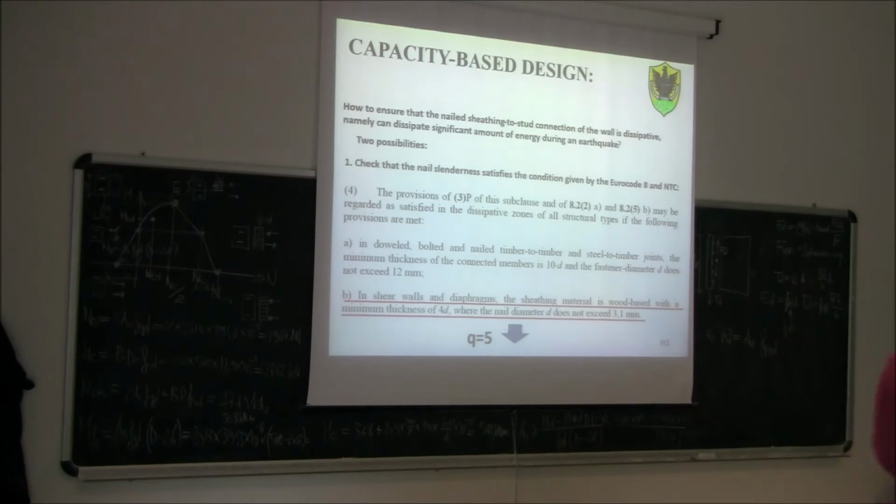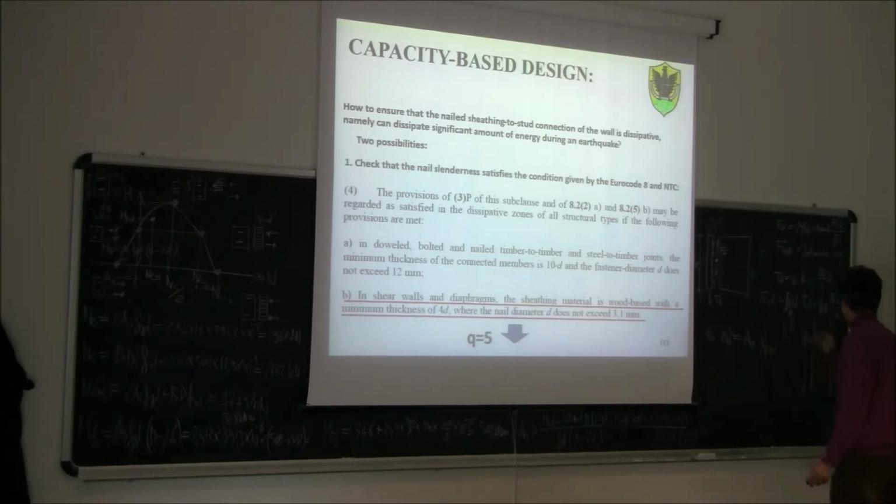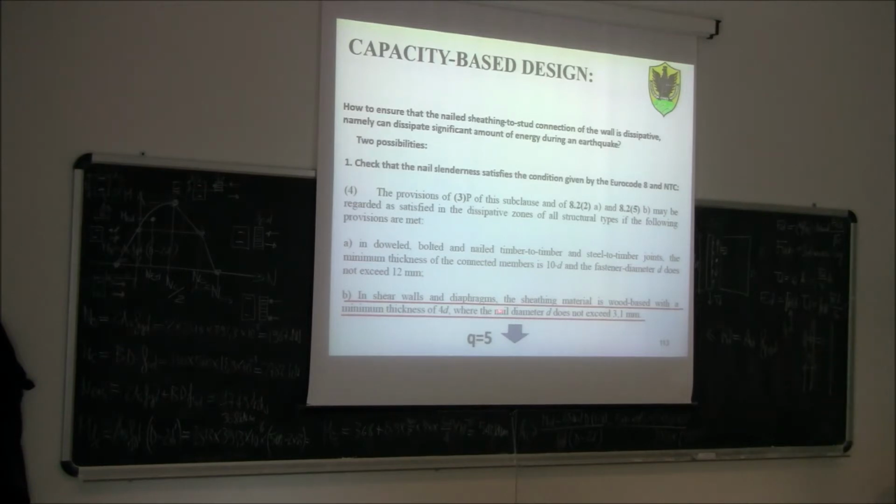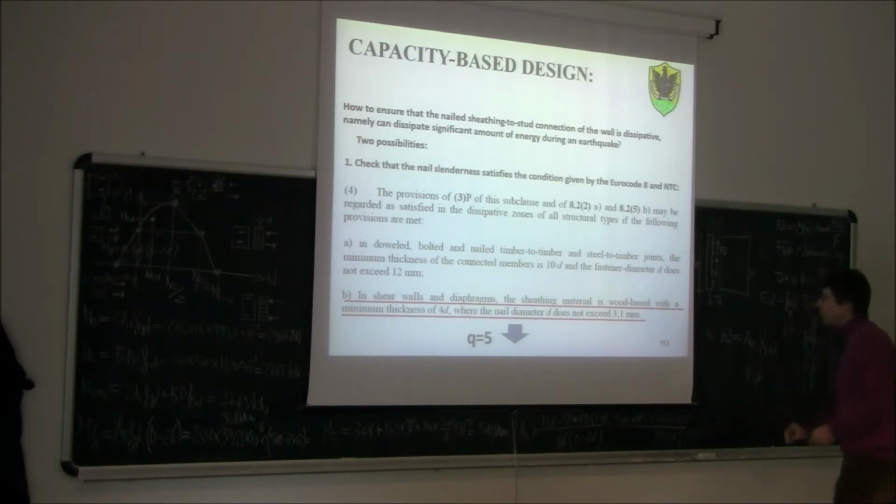So basically, we need to make sure that, if this is the sheathing, and this is the stud, and this is the nail, this is d, the diameter, and this is t, the thickness of the sheathing, as you can see, t shall be greater than or equal to 4d, and d shall be less than or equal to 3.1 millimeter.